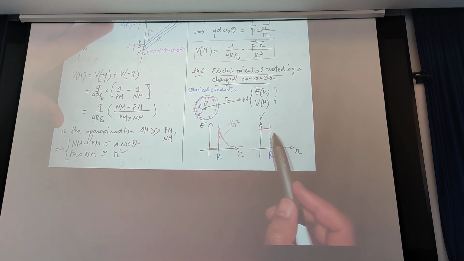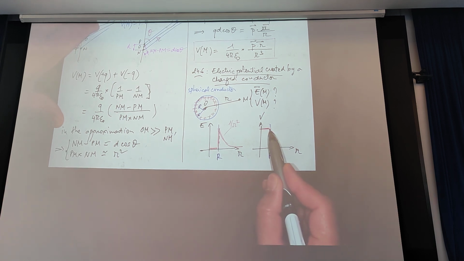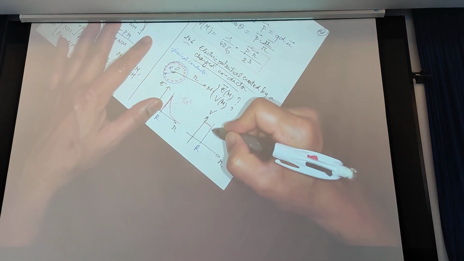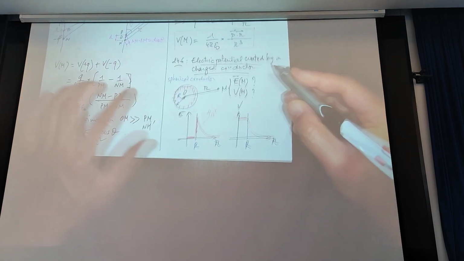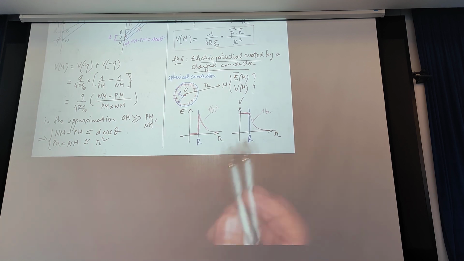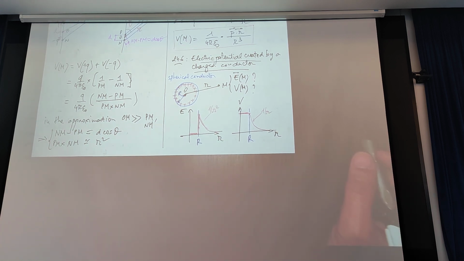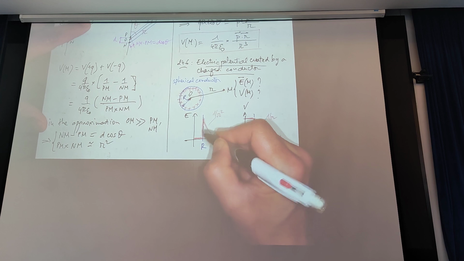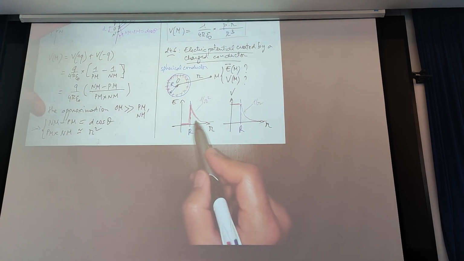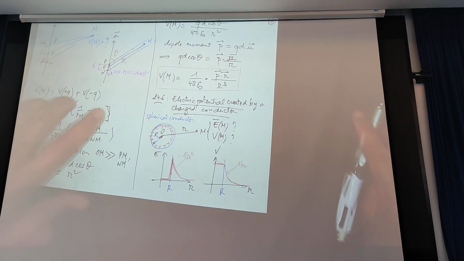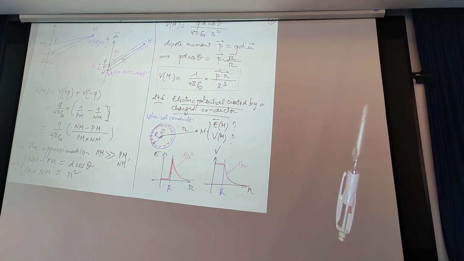And then outside, the potential created by the spherical conductor is only like this, because the electric field is the derivative of this. So this is the value of the electric field, and this is the value of the electric potential. Is it okay?